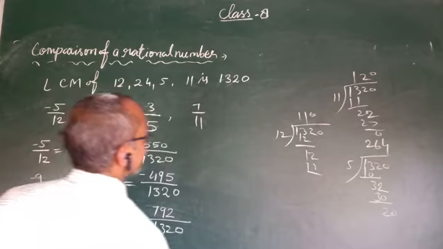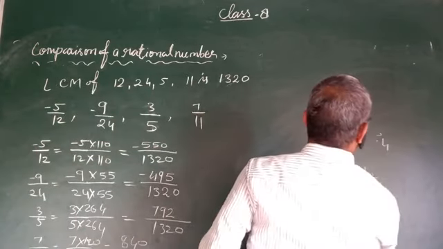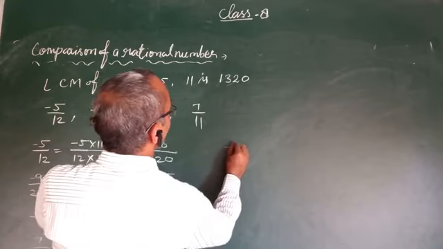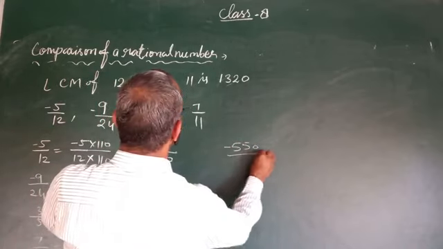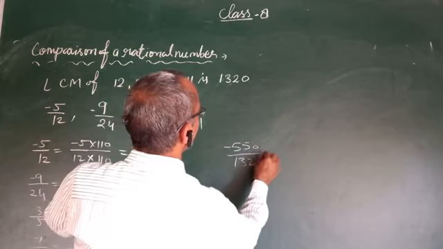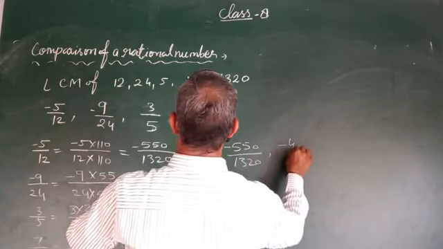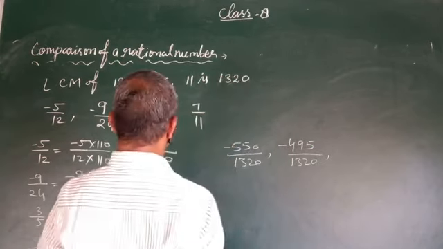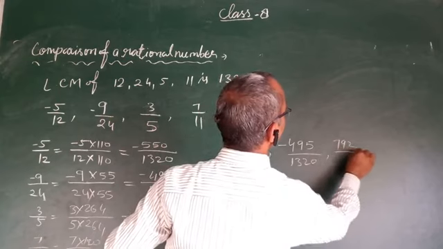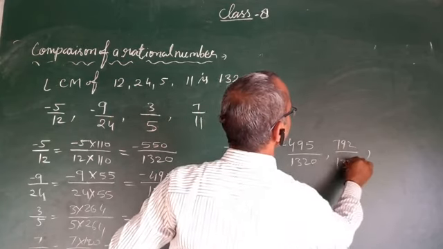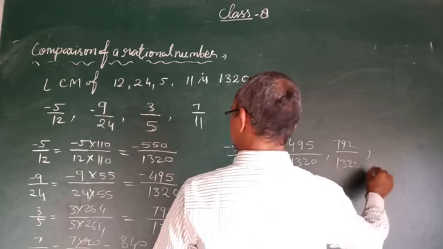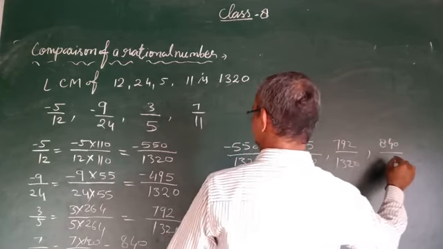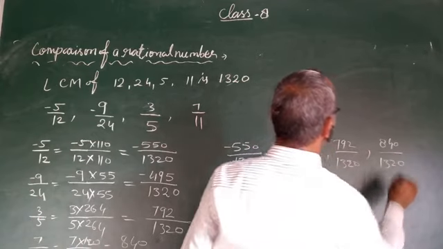So you have to find here. Already I have discussed corresponding fractions. You have to write here minus 550 upon 1320, minus 495 upon 1320, 792 upon 1320 and 840 upon 1320.